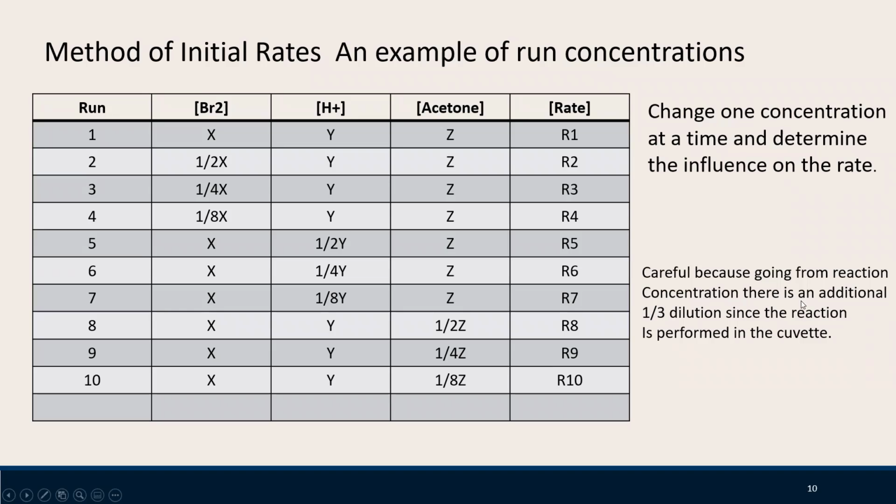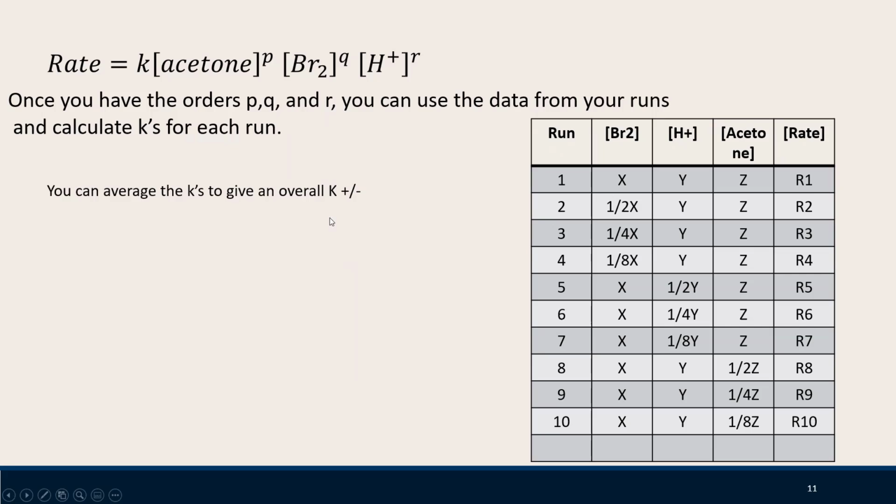So that's the additional dilution factor. That's 1/3 when you mix 3 solutions together. And when you get the reaction rate of each reaction, then you can calculate the reaction constant.